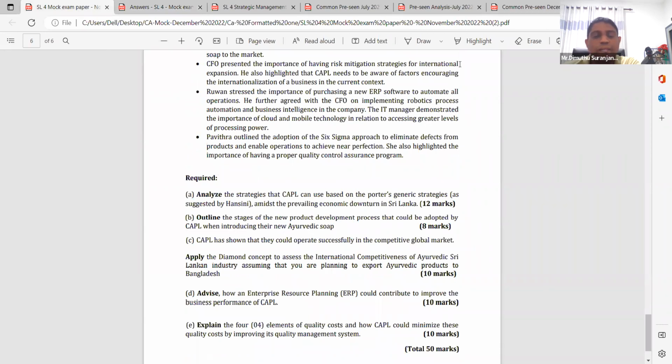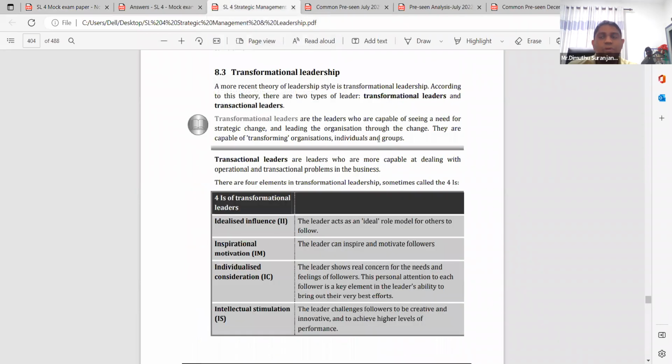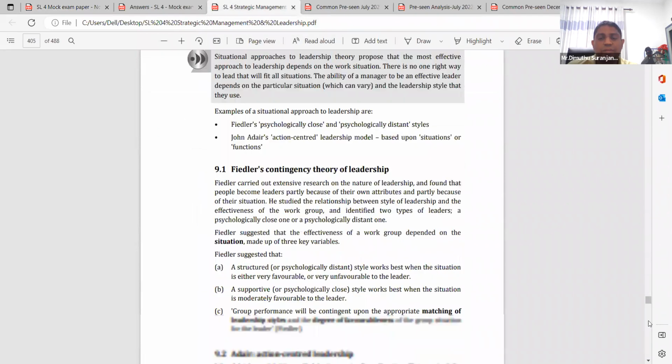Then part D. Advise how an ERP would contribute to improve the business performance of CAPL. Guys, even though this seems like an application question, I will show you, this is theory.